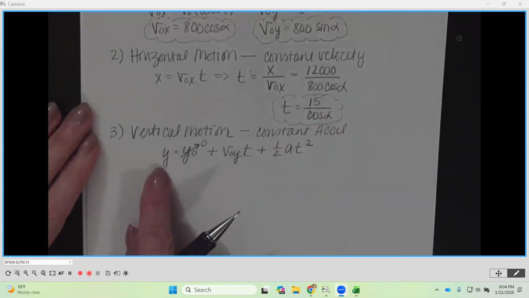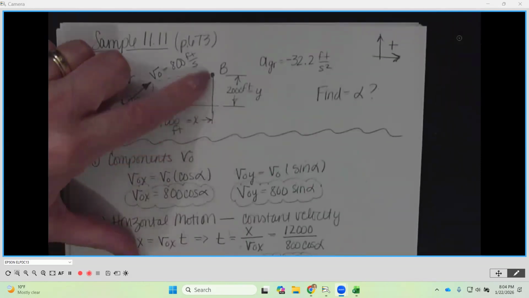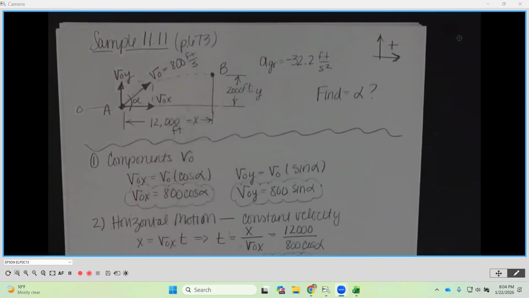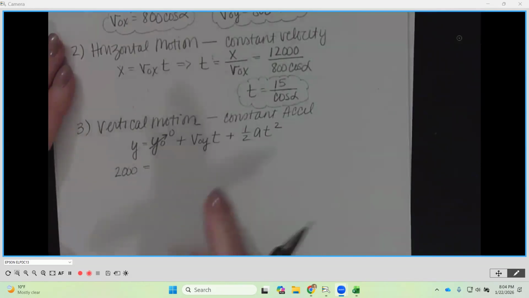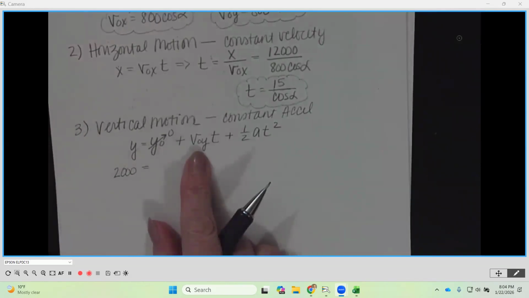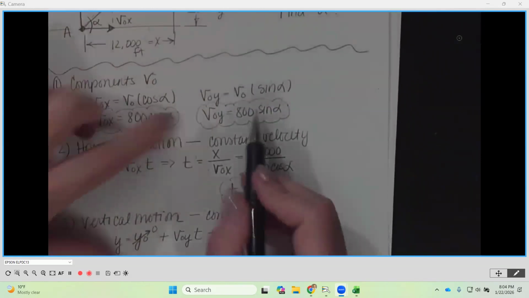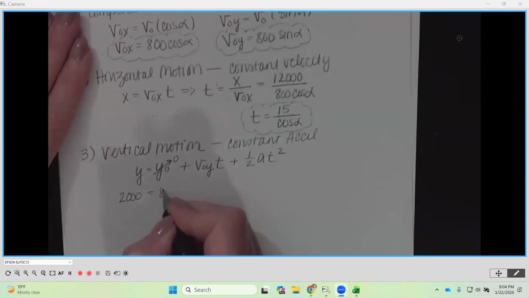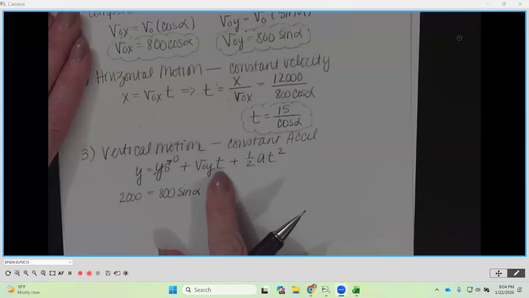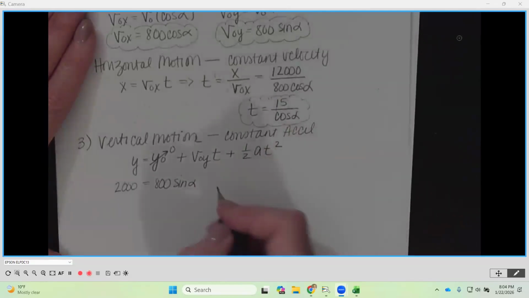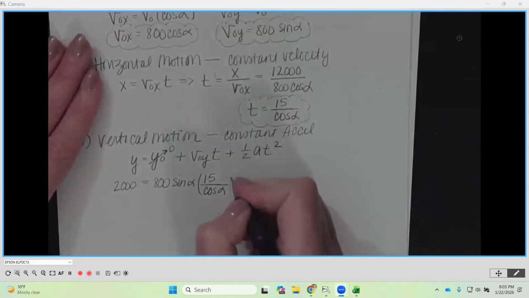So as we look here, the y distance, if we look up here, is going to be 2,000, okay? So we're going to put 2,000 up front. It's going to be equal to the y component of our velocity, which is right here. It's 800 sine alpha times the time. That's right here. That's times 15 divided by cosine alpha.